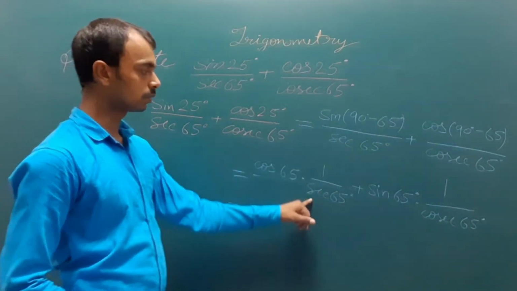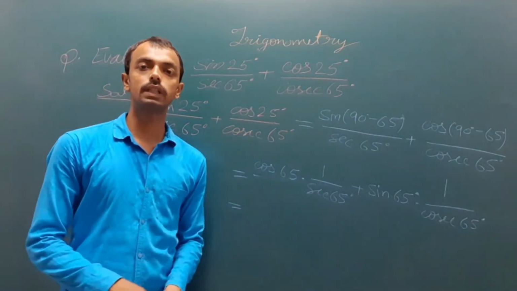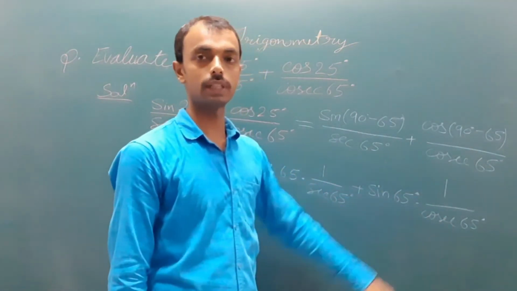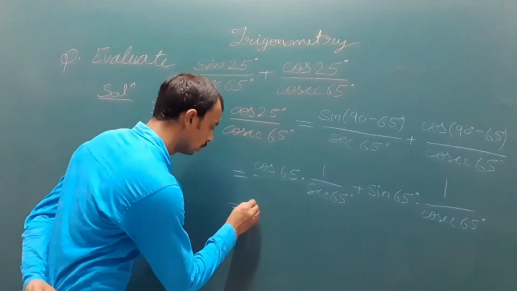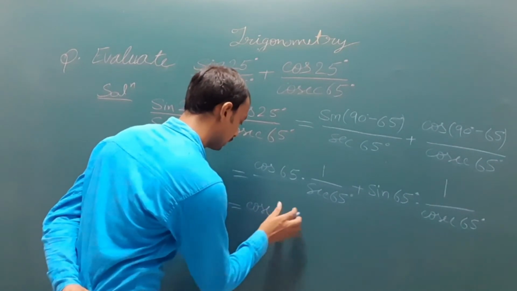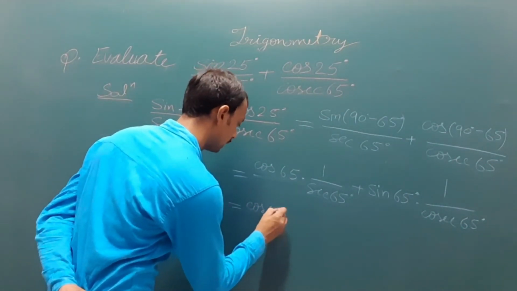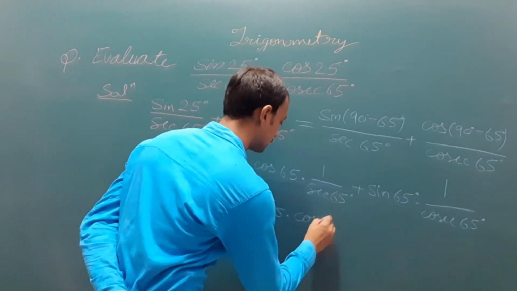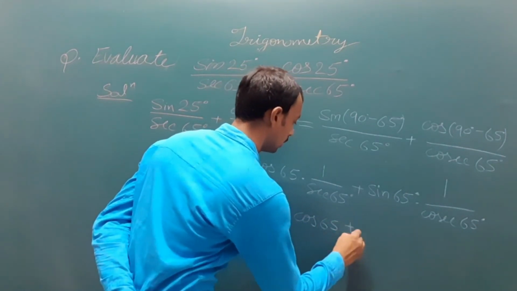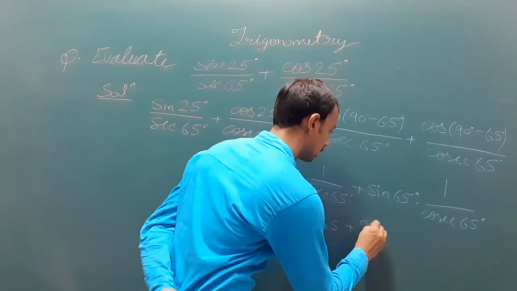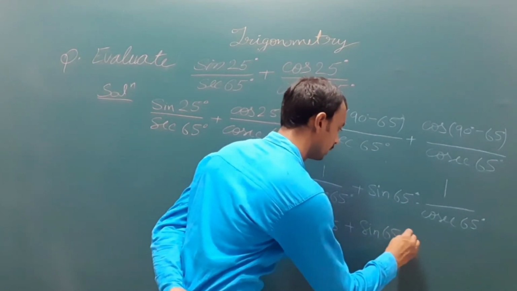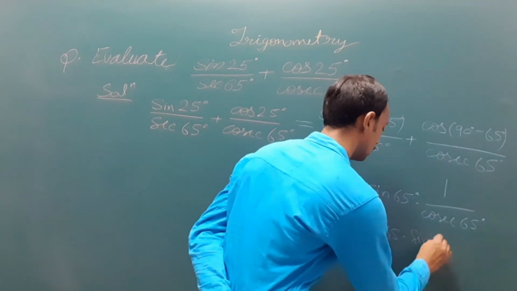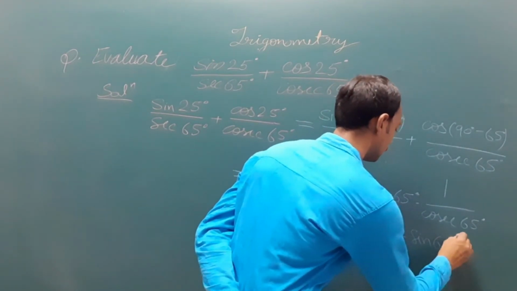Now what is 1 upon sec? 1 upon sec is cos, and 1 upon cosec is sine. So cos of 65 into cos of 65 plus sine of 65 into sine of 65.